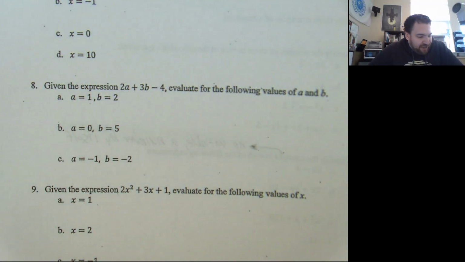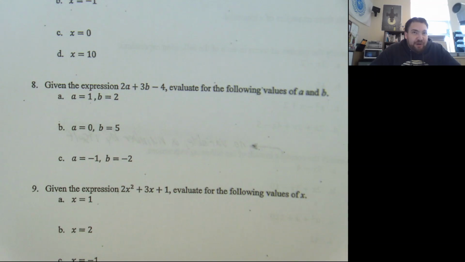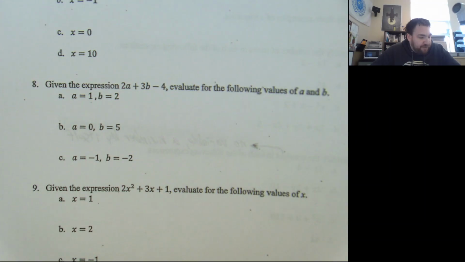I haven't asked you to do a lot of this, so I just want to review it, make sure we're all on the same page with how you actually go about substituting in values for variables. Again, something you should have seen in middle school, something that I'm hoping you're familiar with already, but just as a way to make sure that we are all on the same page.